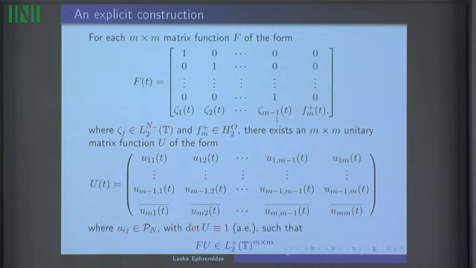I mean that coefficients with positive indexes don't play a role here, and only these negative coefficients are important, and when they are given, and the coefficients of this function also, we find the polynomial coefficients of this unitary matrix function explicitly.